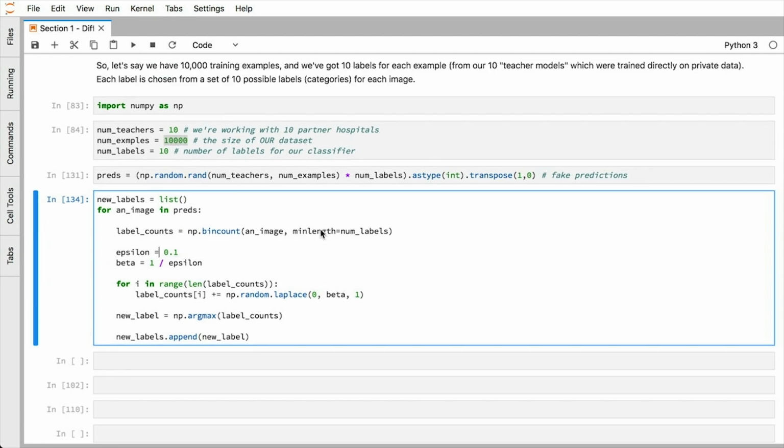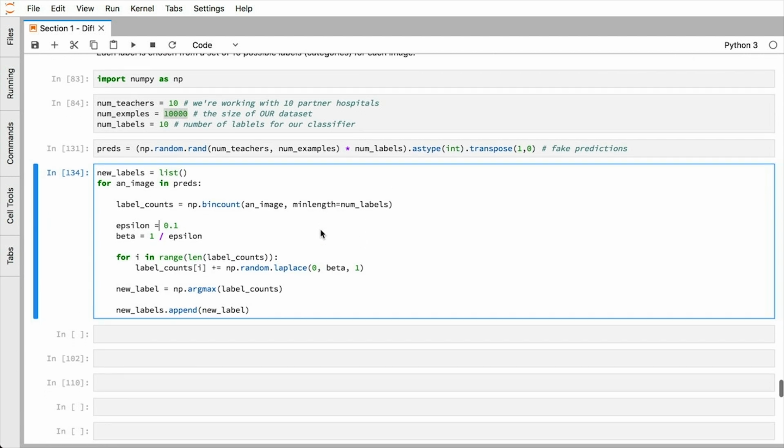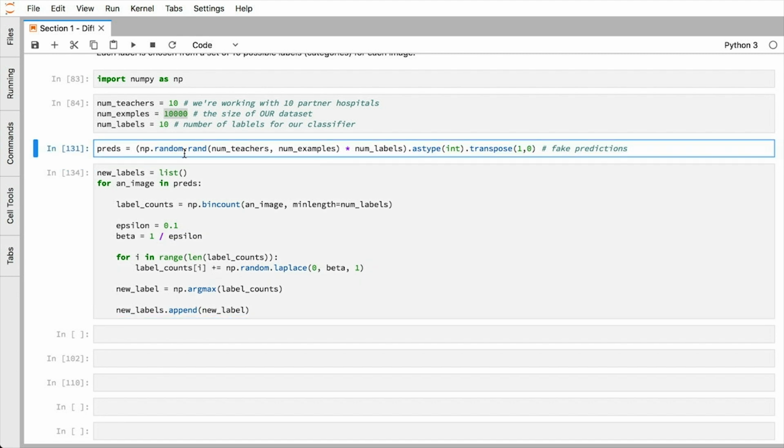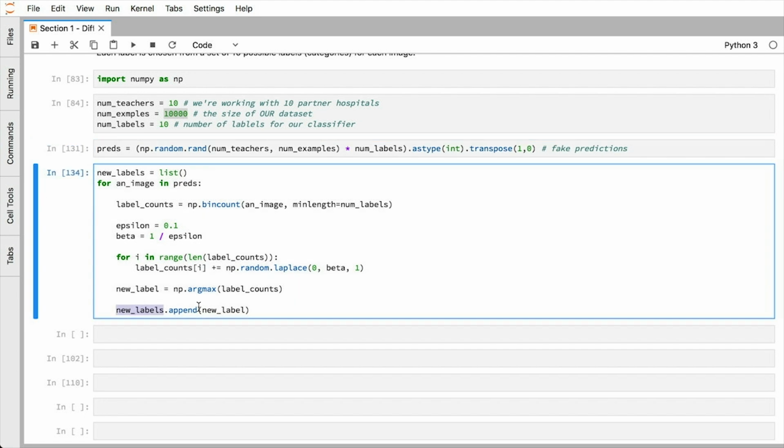And so in the next section, I'll show you what this fancy PATE framework is about, and how we can actually get a better bound than this current epsilon. But for now, if we were the hospital, and we had obtained these predictions and generated these new labels for our data set, I would then go and train a deep learning model using all of my X-ray images with these new synthesized labels.